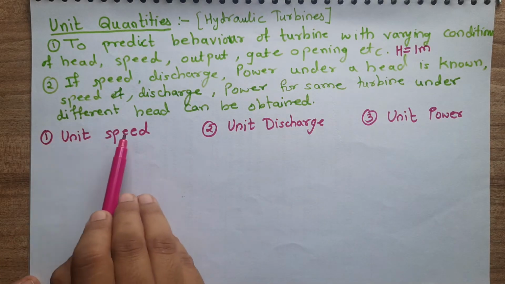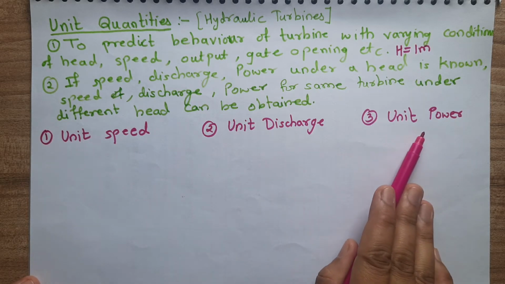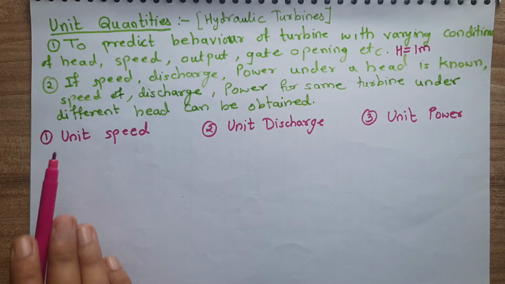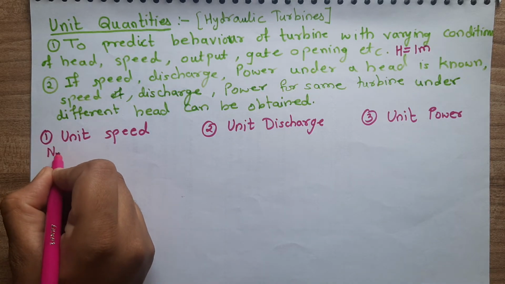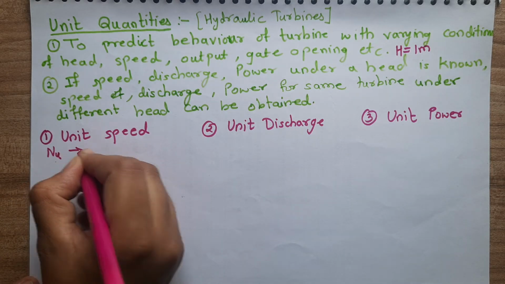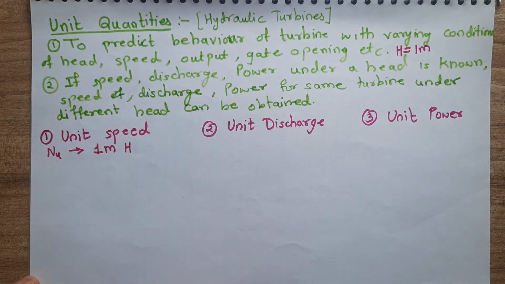There are three unit quantities. First one is unit speed, unit discharge and unit power. Now what is meant by unit speed? Unit speed is denoted by NU. It is the speed when the turbine is working under a unit head, that means 1 meter of head.